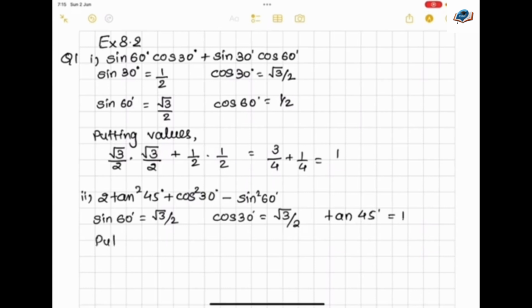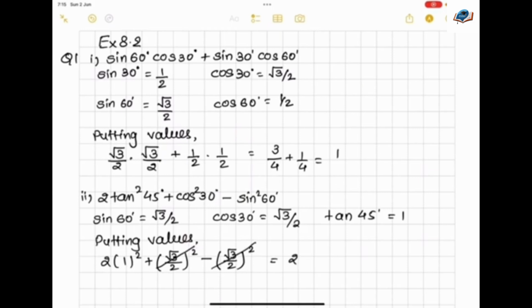Putting values, 2 into 1 whole square plus root 3 by 2 whole square minus root 3 by 2 whole square. The root 3 by 2 whole squares cancel, so the answer is 2.